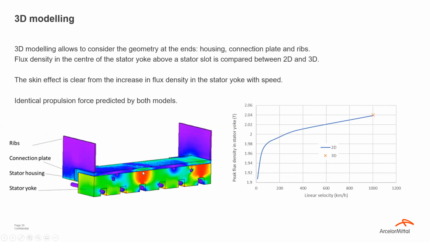But when you work with the 2D calculation, as we did here, you have an endless stack of electrical steel that goes on forever. And then there was also the end plate that goes on forever.